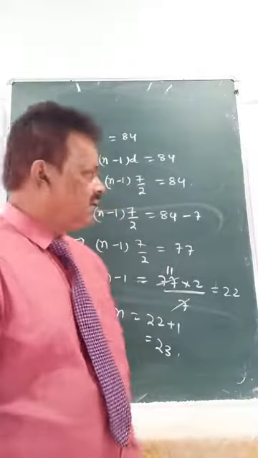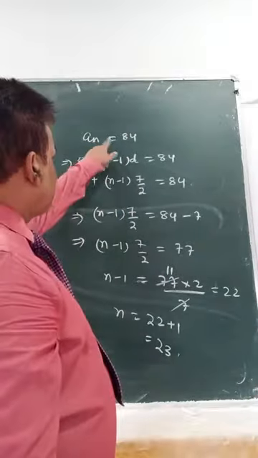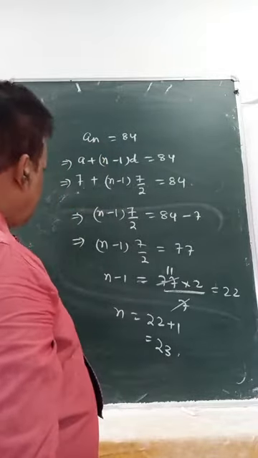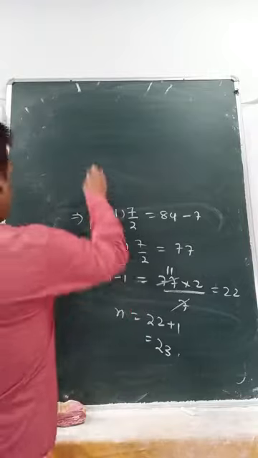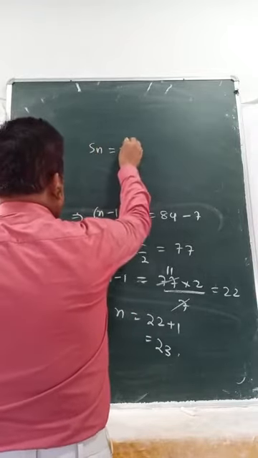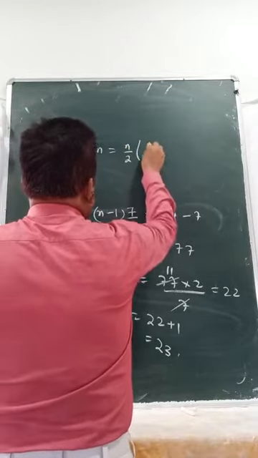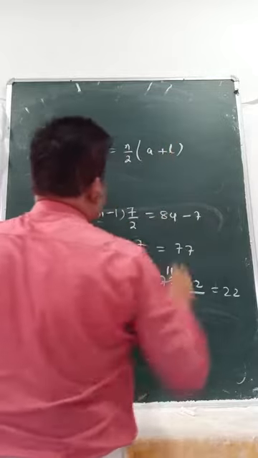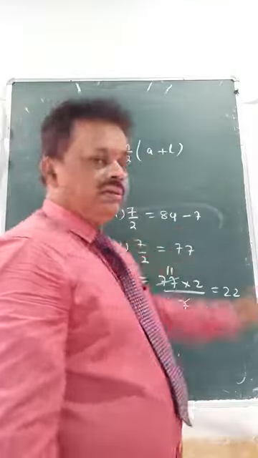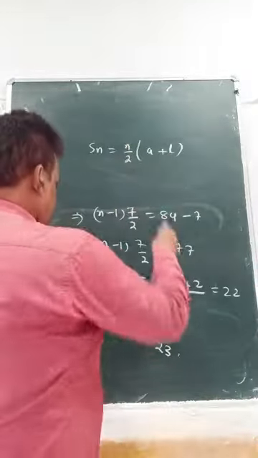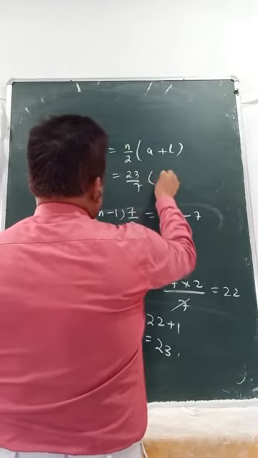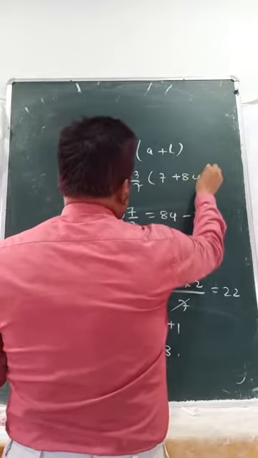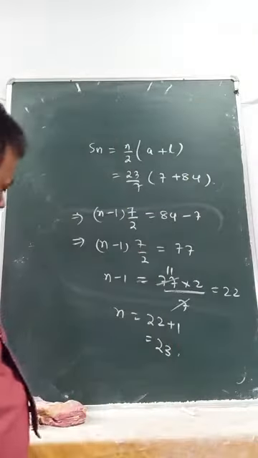Got it? Okay. Now for the sum, this is the same thing. When the last term is given, you will use Sn equals n by 2 into a plus an. So when the last term is given, we will use this one. So n is 23, 23 by 2 into 7 plus 84, because the last term is 84.